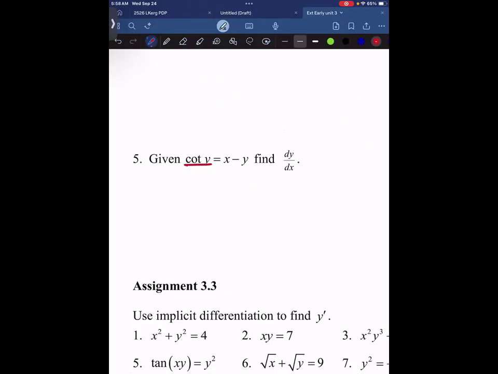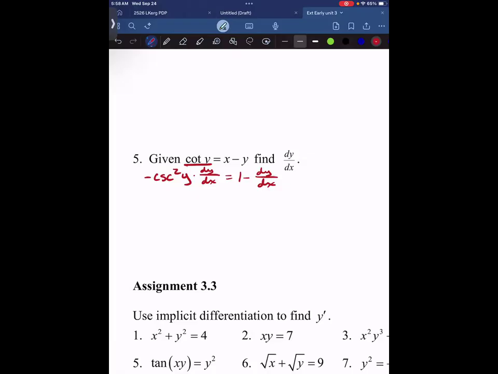The derivative of cotangent is, hopefully you got it, negative cosecant squared y times the derivative of the baby, dy/dx, equals 1 minus dy/dx. So we've got to get our dy/dx's onto the same side.